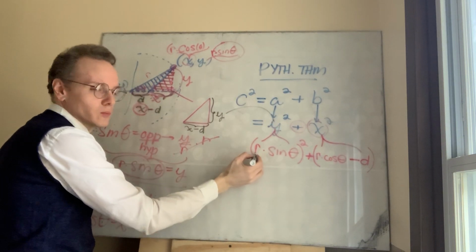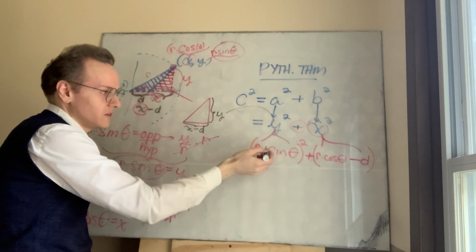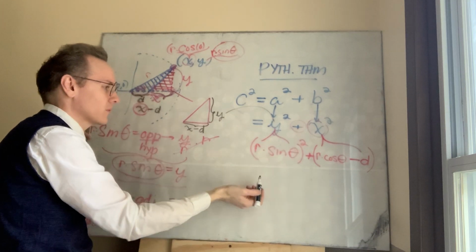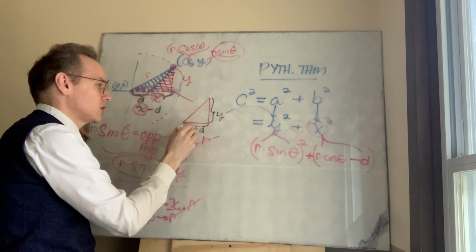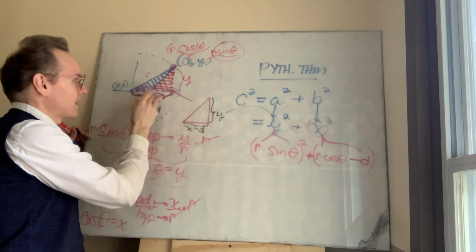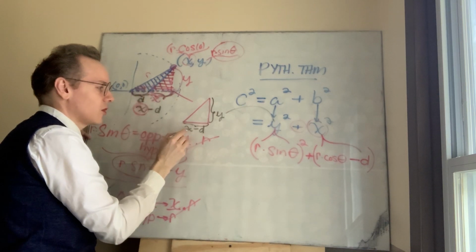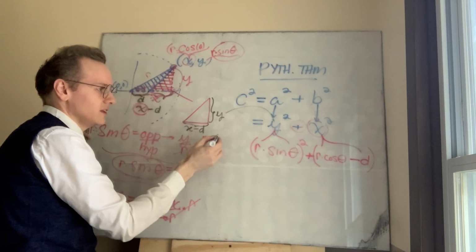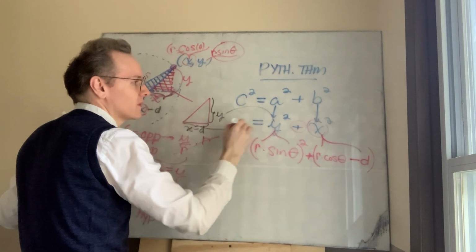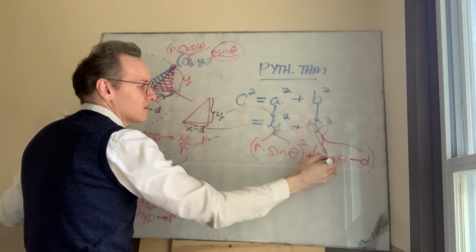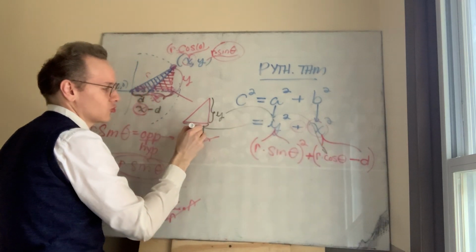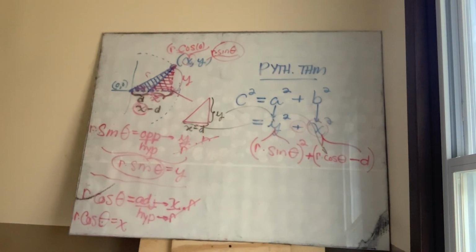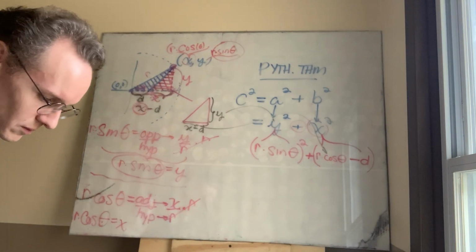The radius, assuming it's something other than 1, times the sine of the angle, squared. What is the X dimension here? Because it's a fragment of the larger triangle, it's the whole thing X minus D. What is X? It's R times cosine of theta minus that extra chunk.